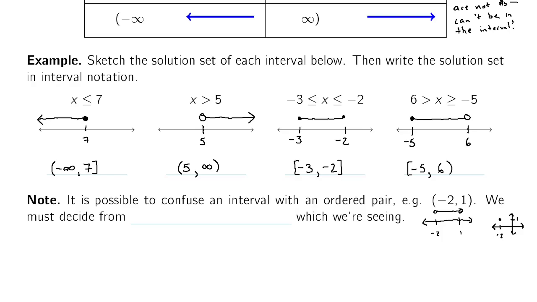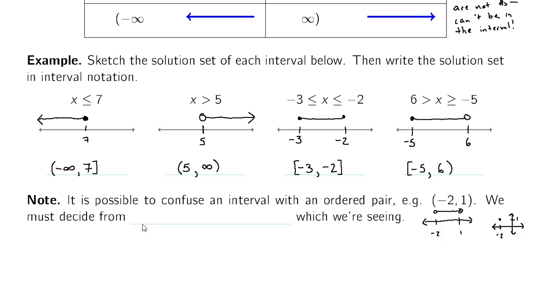When we see that notation, open parenthesis or round bracket, negative 2 comma 1, close parenthesis or round bracket, how do we know whether it represents an interval or a point?